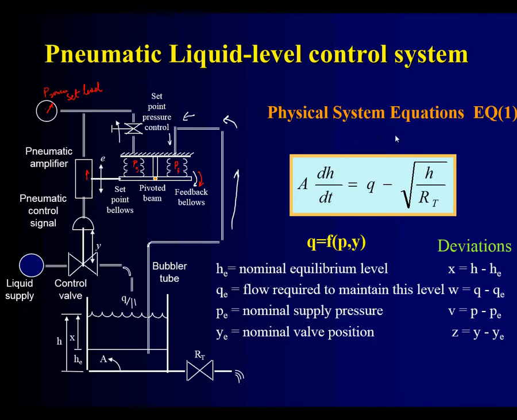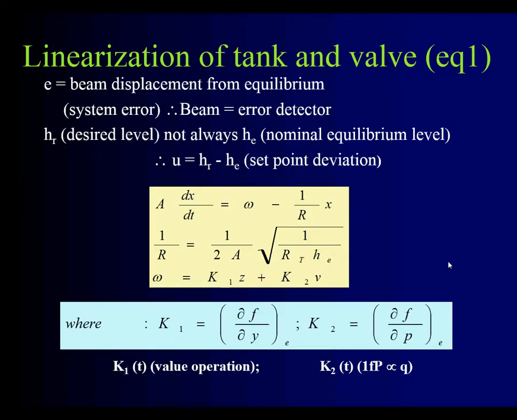But okay, so in here you have the system differential equation, which is A times dH/dt. This is the volume per time, is Q, which is the supply, minus the square root of R T. So here's the idea: what the value of X is, what the value of W is, and depending on that, the controller acts.